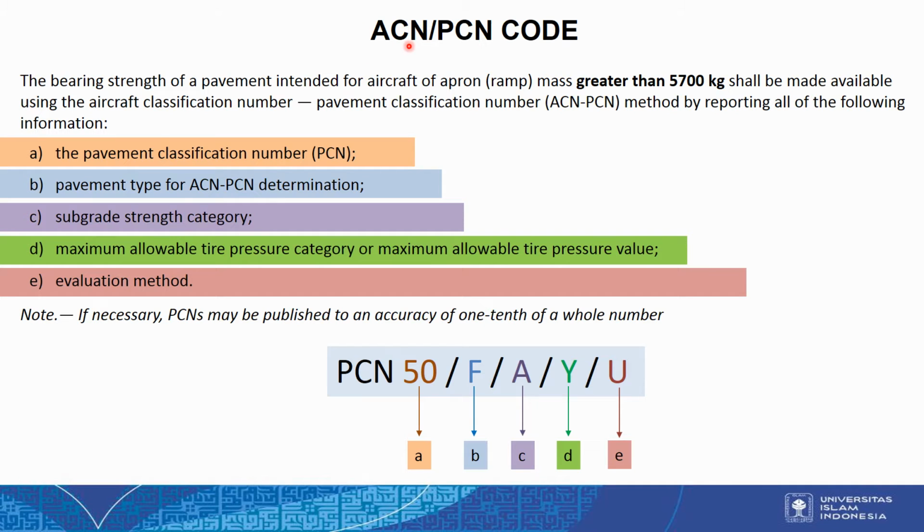Then this is for the code. The ACN-PCN reporting method has a code to make it easier to understand.